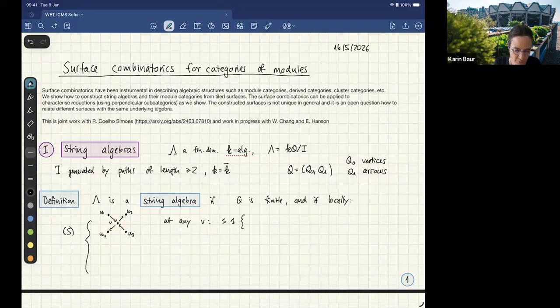Some of these neighbors might coincide, so you don't have to have 4 neighbors even if you have all 4 arrows.